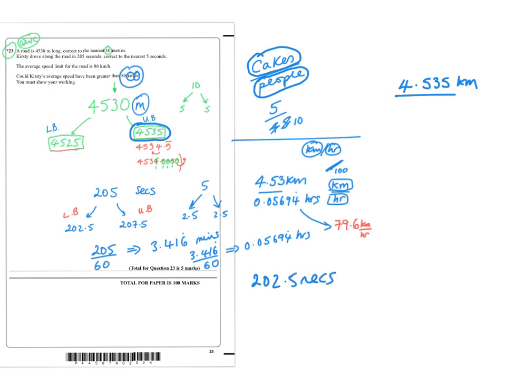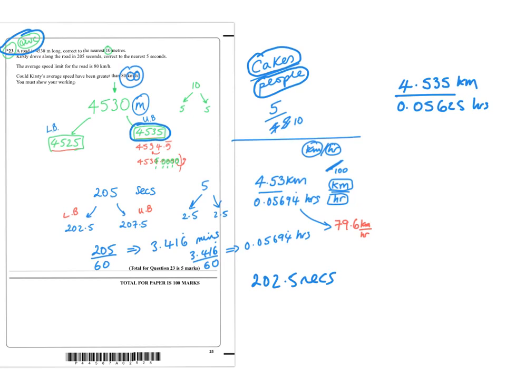Now obviously when you come to do the exam you'll lay your work out slightly better than me, because don't forget I'm explaining every single step to you, hence this is not quite how it would seem if you were doing the exam. So let's change 202.5. From the workings previously you do 202.5 divided by 60, 3.375, and then divide that by 60 again to convert to hours, and you'd get 0.05625 hours.